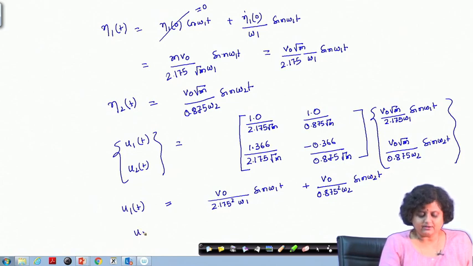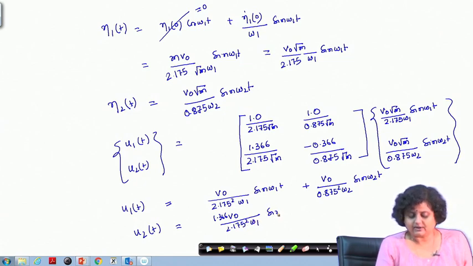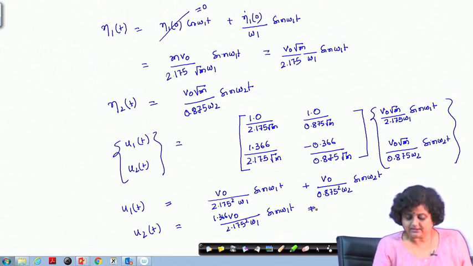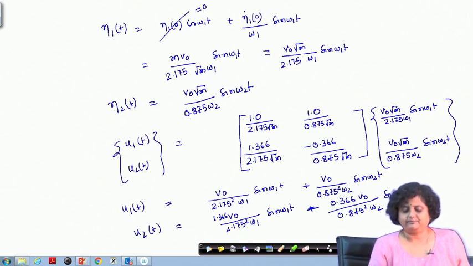Similarly, u2 t is going to be V 0 1.366 by 2.175 whole square omega 1 sin omega 1 t plus minus 0.366 V 0 by 0.875 whole square omega 2 by sin omega 2 t.